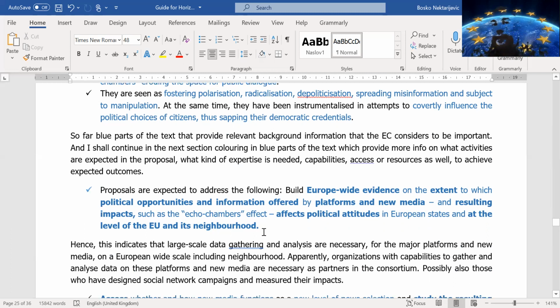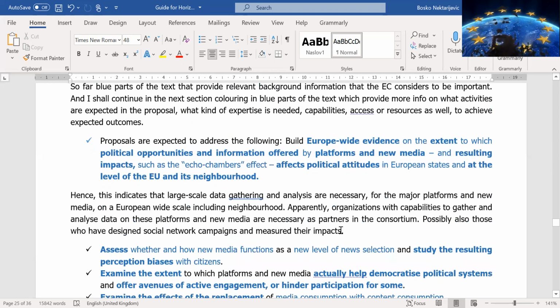Well, now, this indicates that large-scale data gathering and analysis are necessary in the project, for major platforms and new media on a European-wide scale, including its neighborhood. Apparently, organizations with capabilities to gather and analyze data on these platforms and new media should necessarily be involved as partners in the consortium or be leaders.